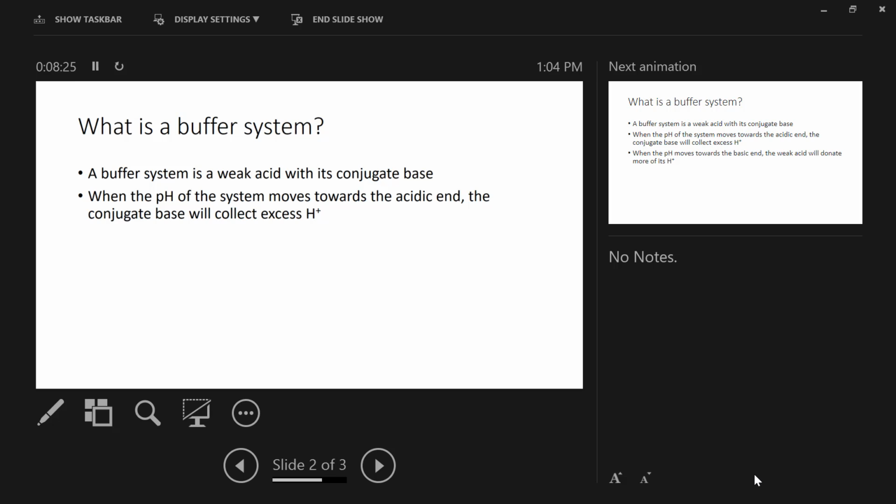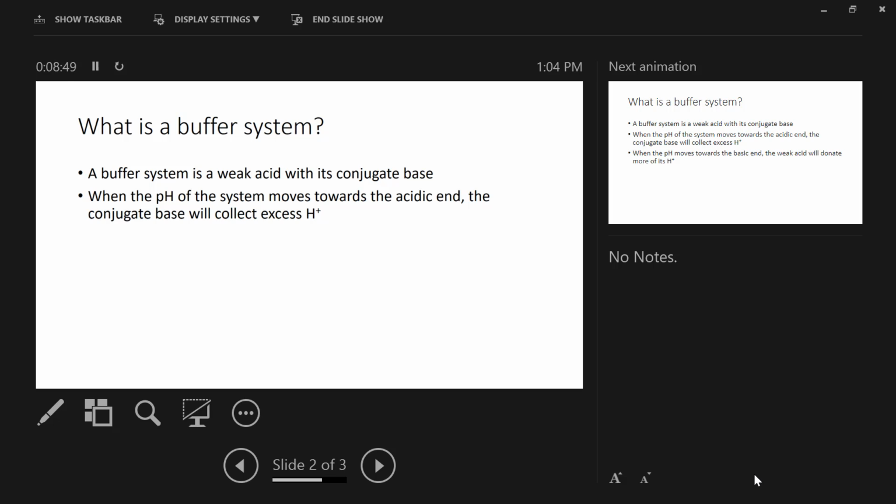This is another thing we talked about 2 weeks ago. When the pH of a system moves towards the acidic end, that is, we start to lower the pH, the conjugate base is going to collect excess hydrogen ions. Okay? And I'm going to show you how this works in a minute. And we'll round out our discussion of buffer systems.